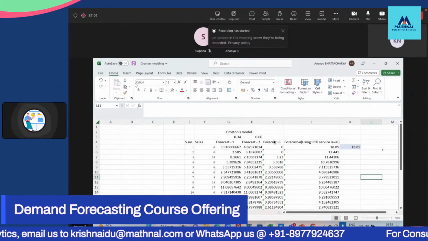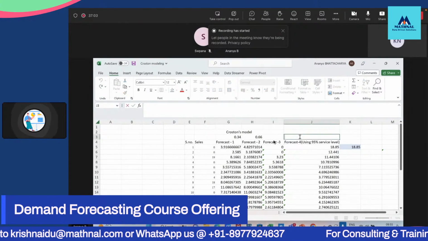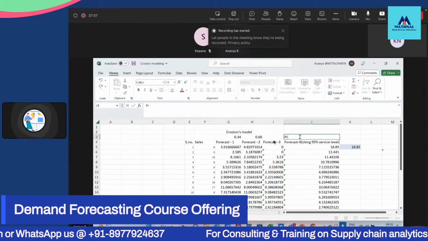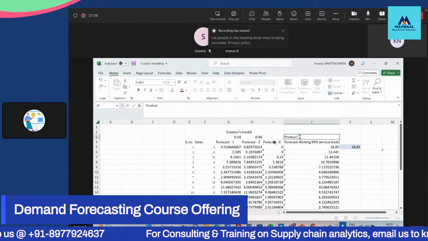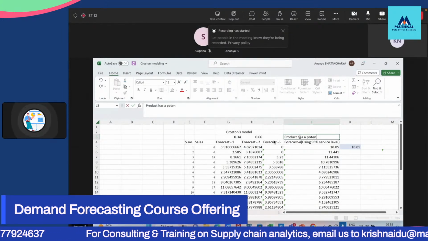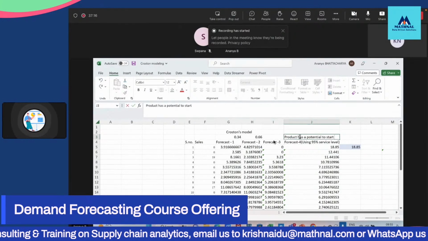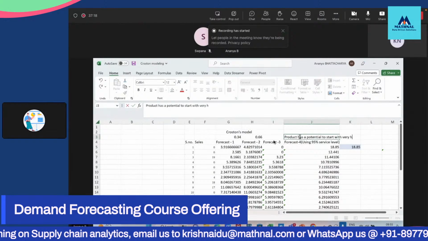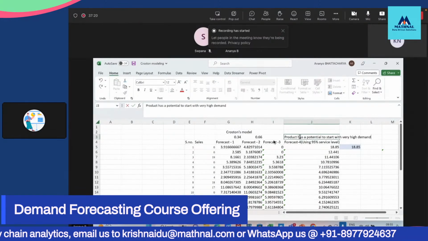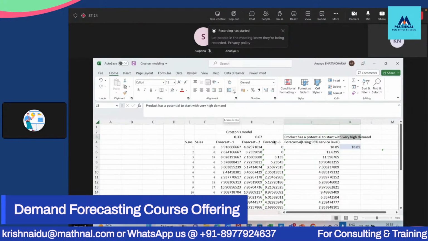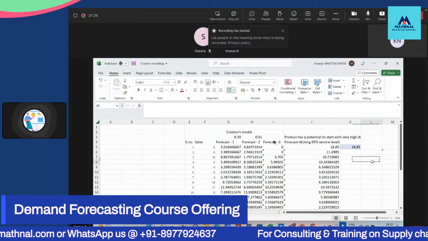The actual term will be, if the product or part or service has a potential to start with very high demand, then only this approach should be used.